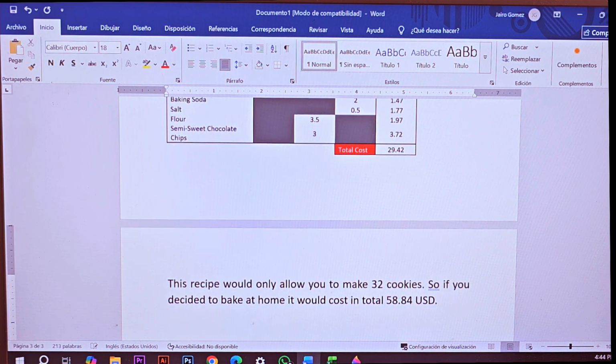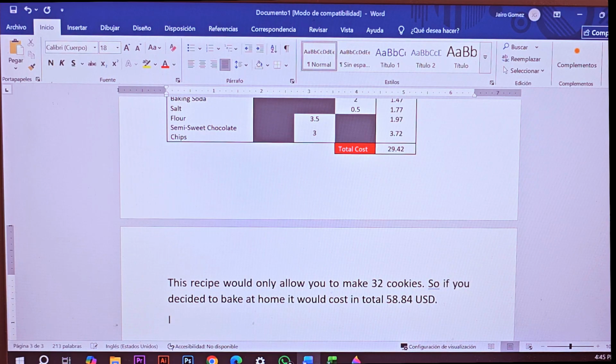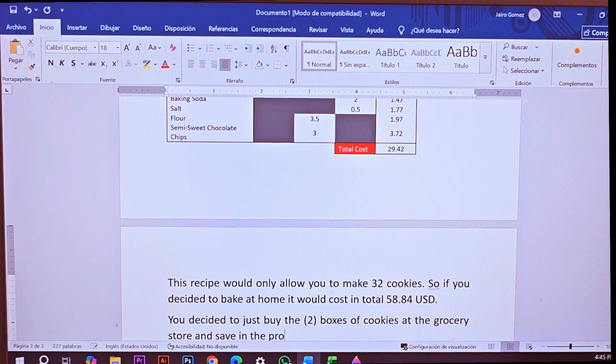So what you decided to do is you decided to just buy the 2 boxes of cookies at the grocery store and save in the process a total of $58.84 minus $23.88, which would equal $34.96.